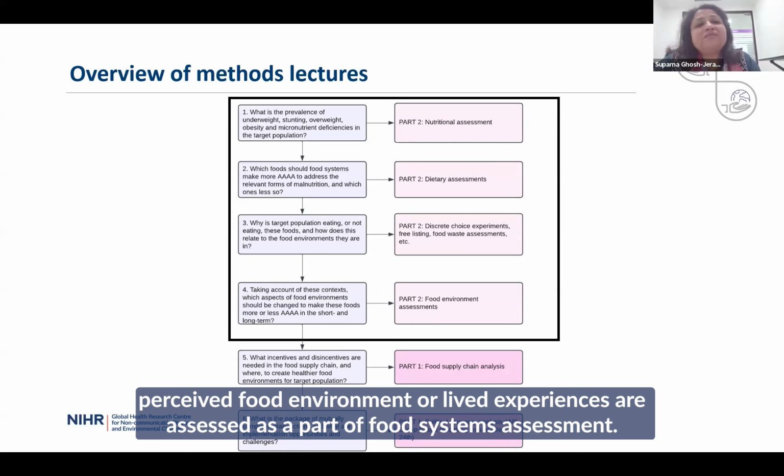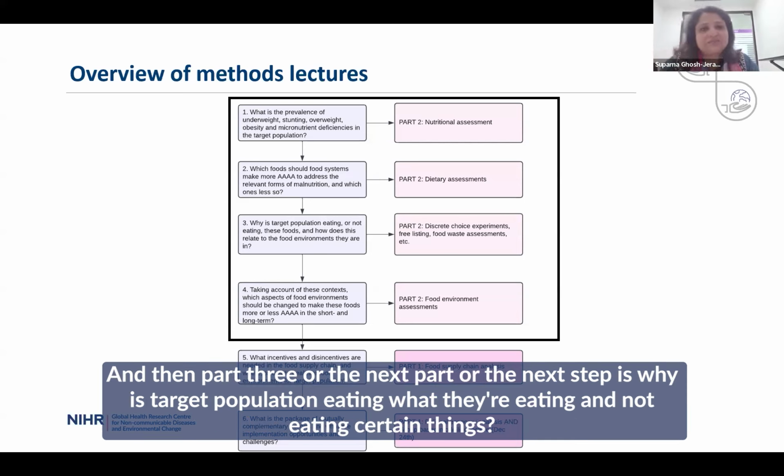And then part three, or the next step, is why is the target population eating what they're eating and not eating certain things, and how does that relate to the food environment they live in.